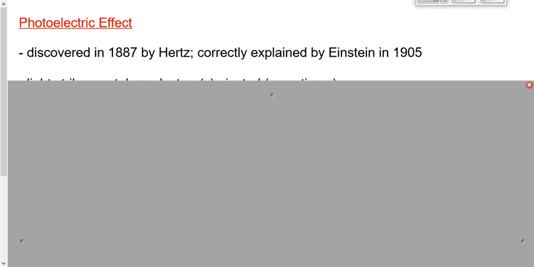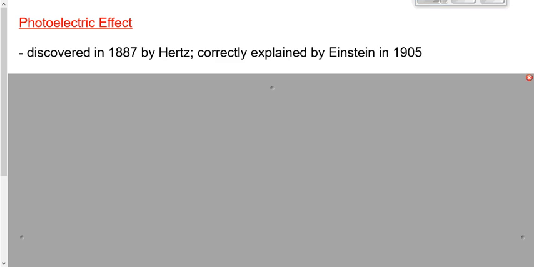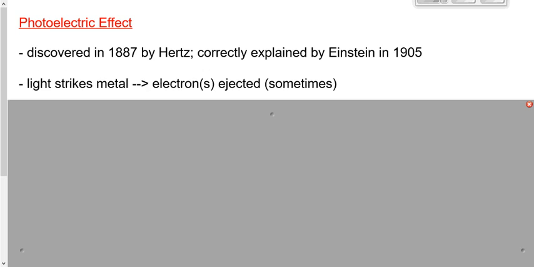The photoelectric effect, again, discovered in 1887 by Hertz, explained by Einstein in 1905 with his photon theory. Light strikes a metal, an electron or electrons, sometimes one, sometimes more, are ejected sometimes, not always. Depends upon, as we know now, the frequency, because the frequency is related to the energy.